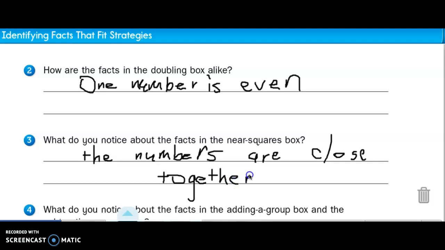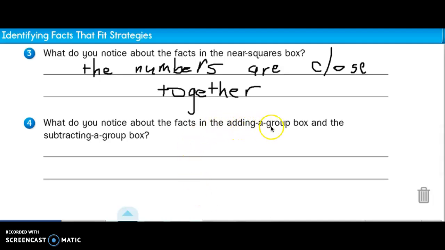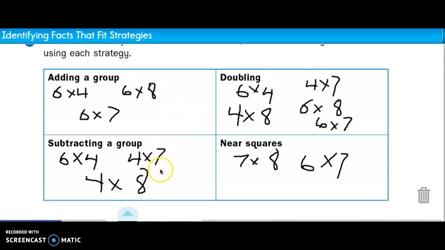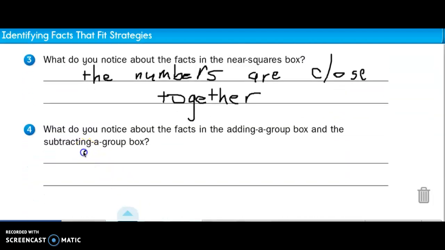Okay, and the last one we're going to look at is, what do you notice about the facts in the adding a group box and the subtracting a group box? Here's adding a group and subtracting a group. Look at these. Look what I'm noticing. I'm noticing that 6 is close to, an easy fact is 5. 6 is close to 5, 4 is close to 5. So one number is close to 5.